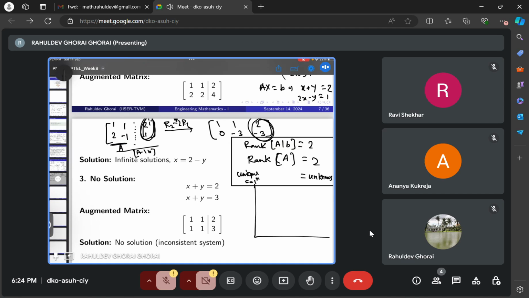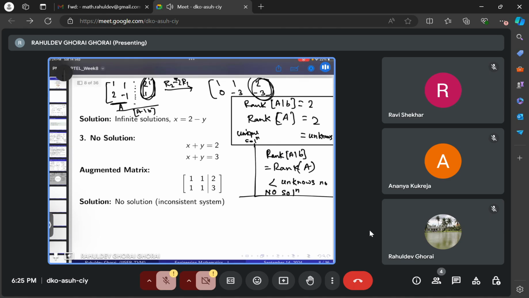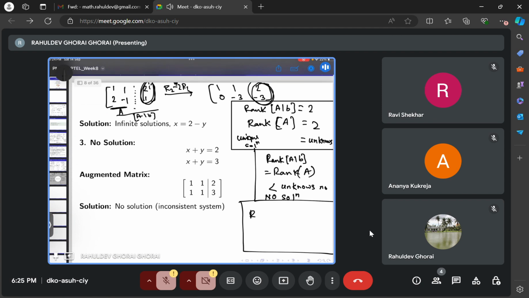When you have the rank of A separate B equal to the rank of A, but that is strictly less than the number of unknowns, then infinite solution. The three cases I will write here.